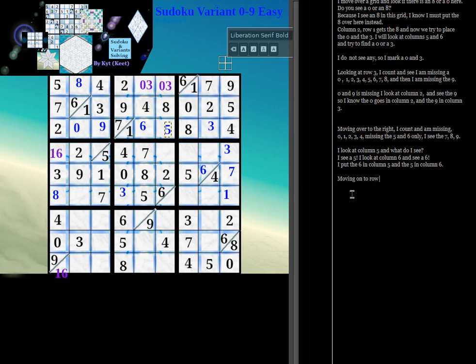Moving on to row 4. I count 0, missing 1, missing 2, 3, 4, 5, 6, missing 7, 8, missing 9, missing.